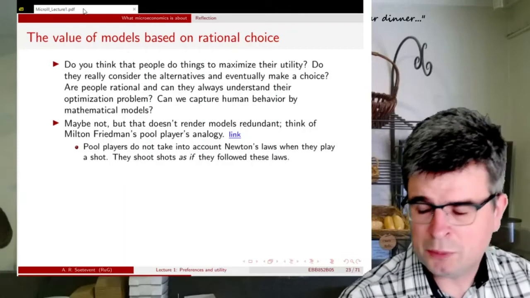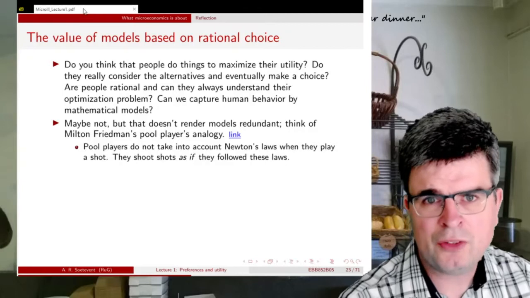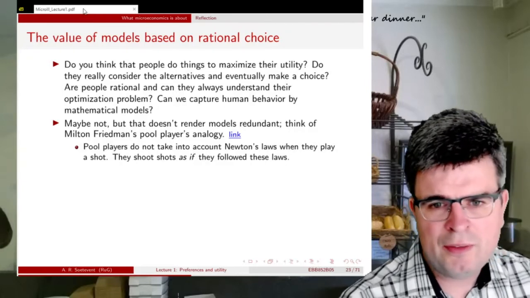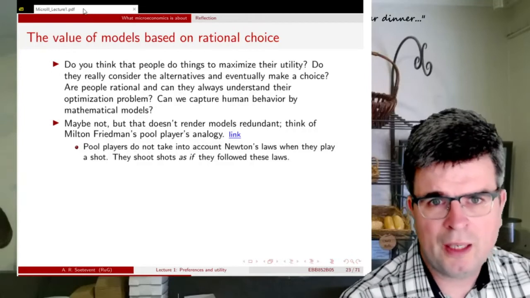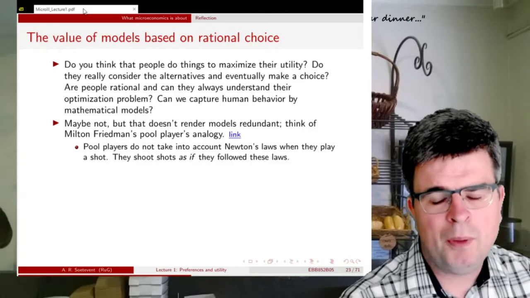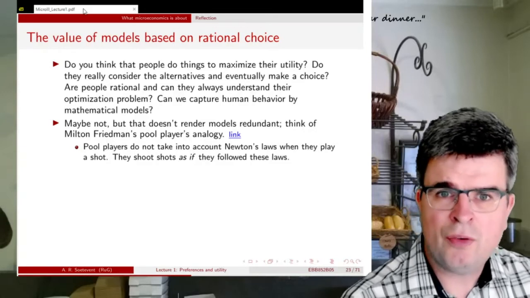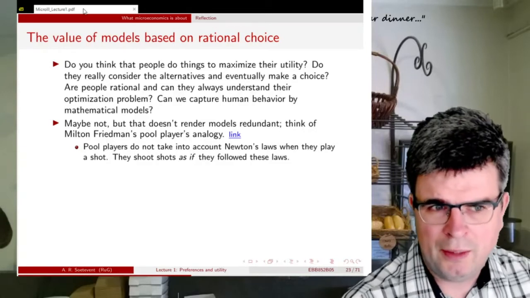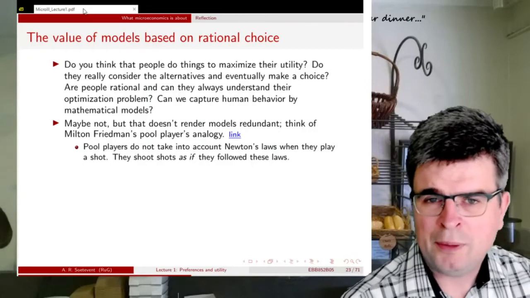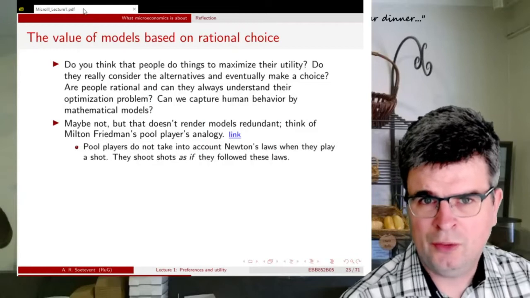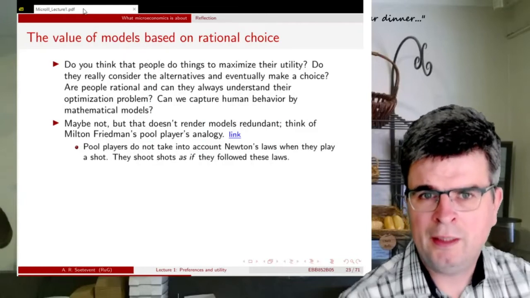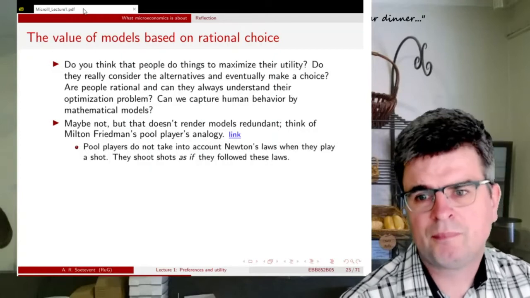Now, that is the famous Milton Friedman's pool players analogy, where he says that pool players, every time they take a shot, they don't take into account the Newton laws of gravity and motion, but they play as if they follow these laws, because by experience they know quite well what will happen if they take a certain shot in a certain way. So that model can explain their actions.